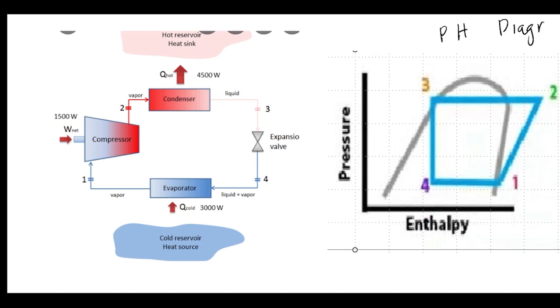By the way, the pH stands for pressure, the P, and enthalpy, the H, as designated by the variable H. So first, we have to interpret the diagram, and then we relate it to the vapor compression cycle, as can be seen on the left. So first, how to construct a pH diagram, or the interpretation of the pH diagram.